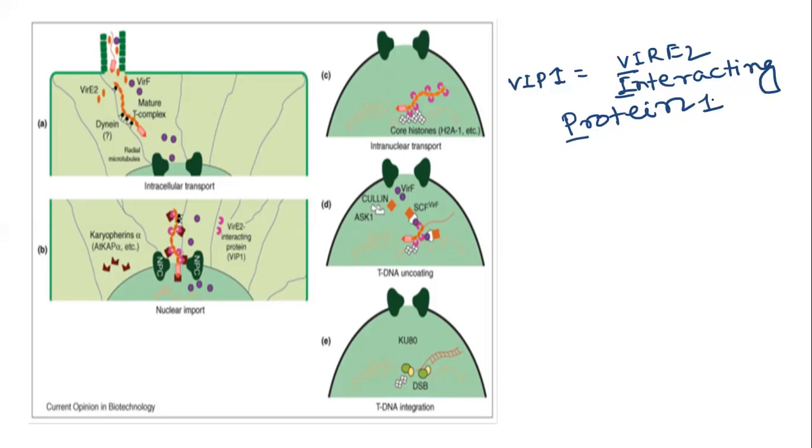Now after the DNA enters into the plant cytoplasm, VirD2 provides the nuclear localization signal.